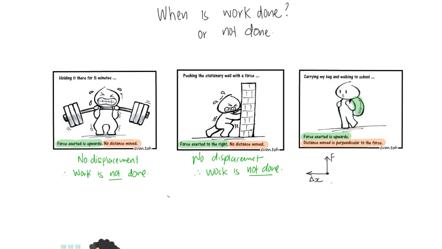So here we can say that no work is done because the direction of the force and the displacement is not the same. And they have to be the same in order for us to have work being done.